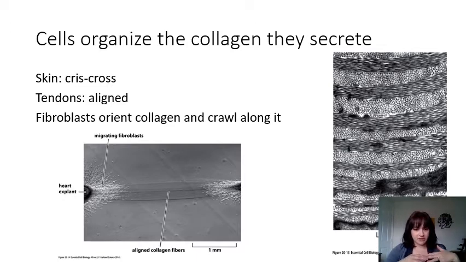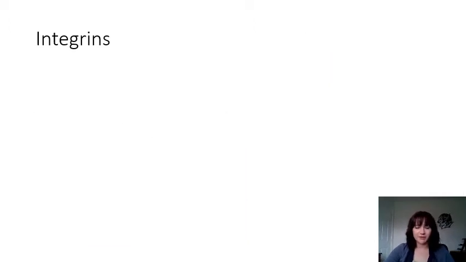These fibroblasts have started to grow out away from that initial chunk of tissue. They've started secreting collagen, and they've also started crawling along the fibers to orient them, align them with each other. So in this picture, each of those little spots is a cell, right?